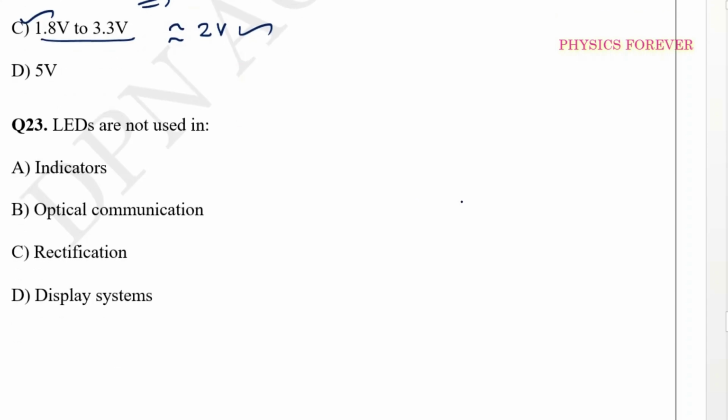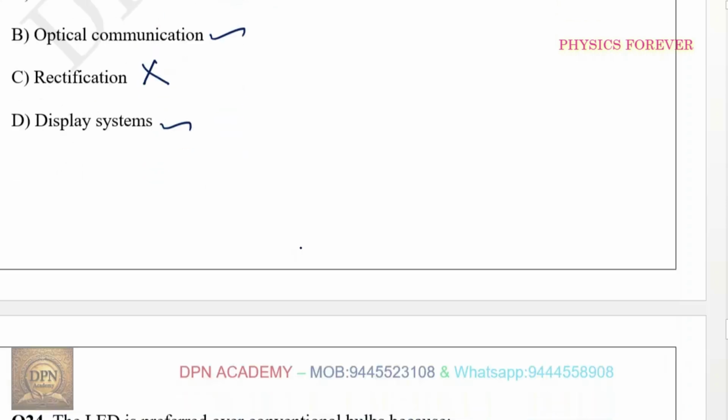So LEDs are definitely used in indicators. Next, they are used in display systems and optical communication. So for LED, this is the most important: when we see LED, we tick indicator and don't look at the other options. But we have to check. Rectification is wrong; LEDs are not used for rectification.